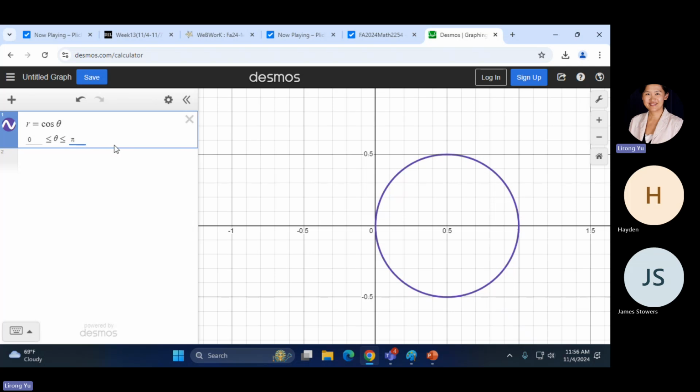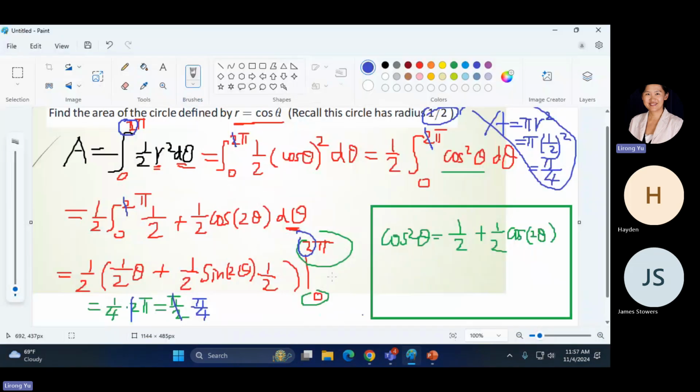So 3 pi over 4 will go here, and then cosine pi is already back here. So we don't have to integrate from 0 to 2 pi; integrating from 0 to pi is sufficient. Otherwise we would end up calculating it twice if we use a bigger angle. So for 0 to 2 pi, the terminal point is too large.